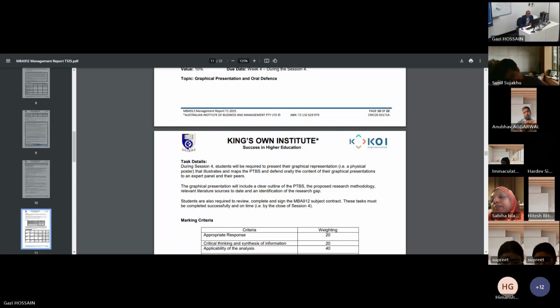Another way, which is much easier and also doesn't take time, is to just compose your literature review, your research methodology, all your areas, and then print them, and then cut and stick them on different areas.